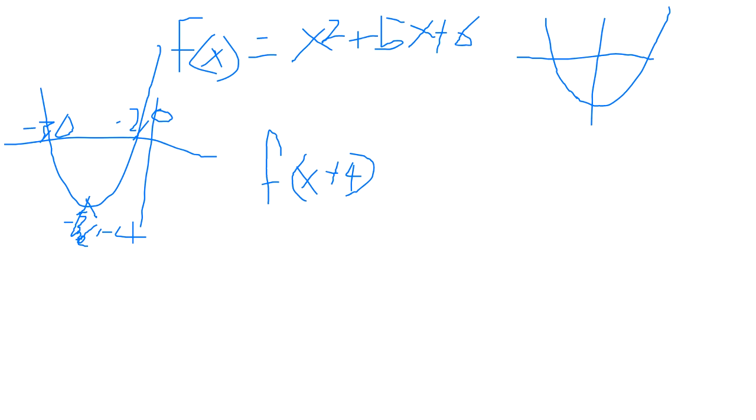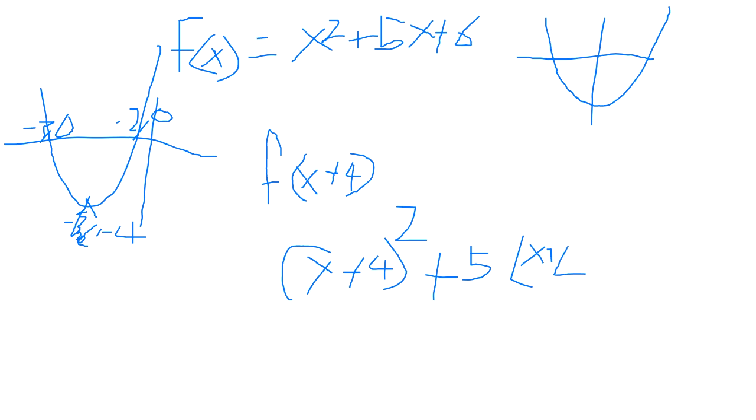But the person who doesn't understand, and I see it so many times, will go and put, okay, let me solve x plus 4 all squared, because I'll replace x with x plus 4, plus 5 times x plus 4, plus 6.